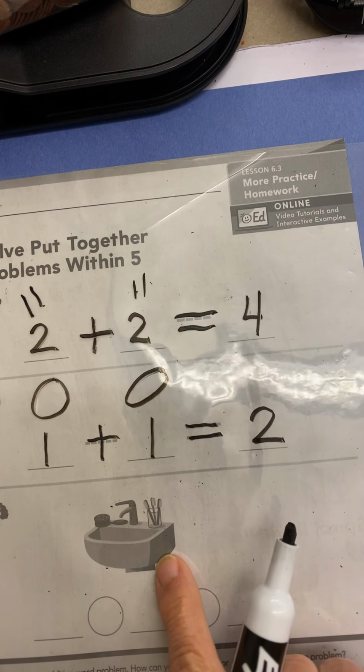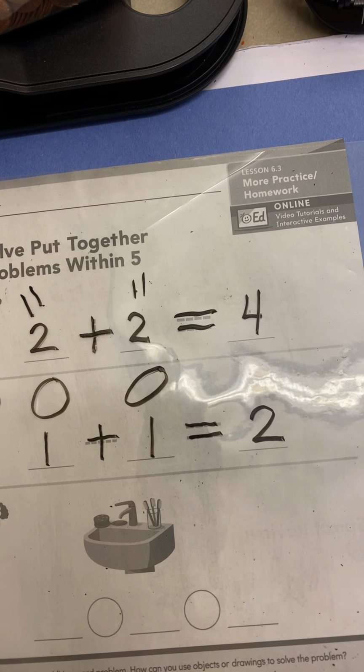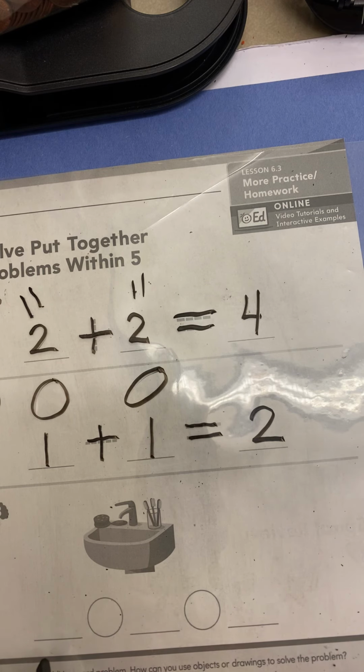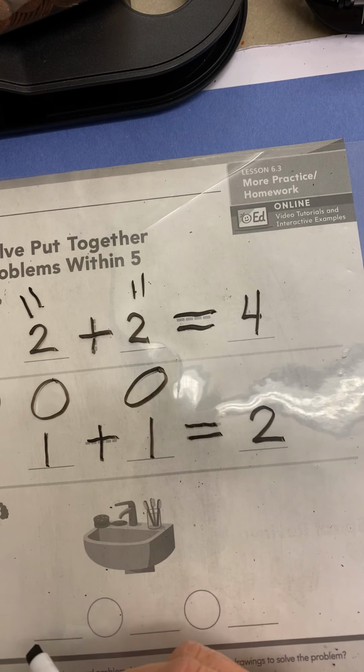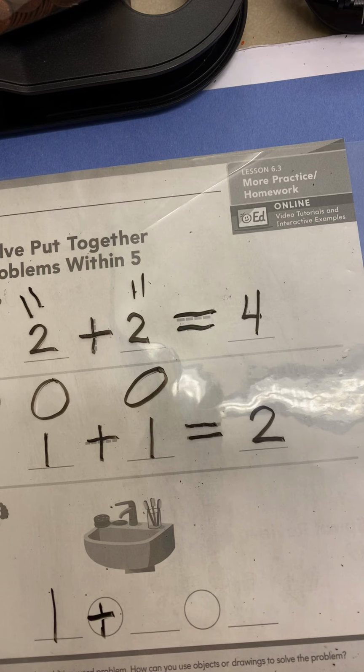This one has a picture, so we just have to listen to the story now. There is 1 hairbrush and 3 toothbrushes on the sink. How many brushes are there? What do we have to do first? We have to write something here. How many hairbrushes? And how many toothbrushes?